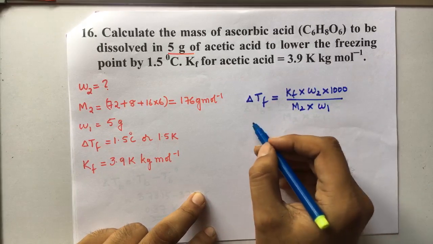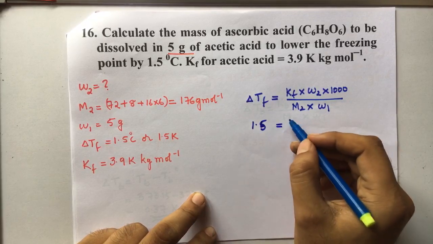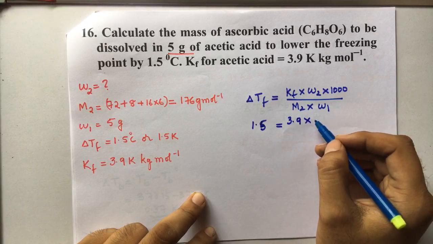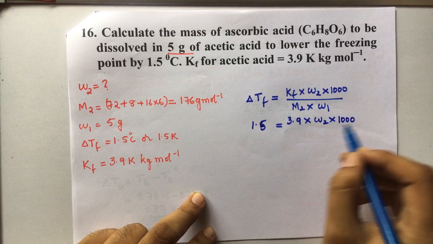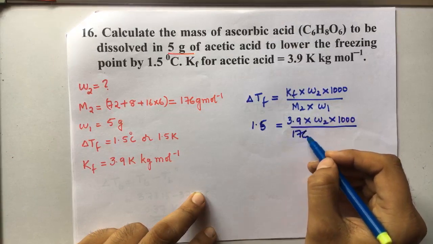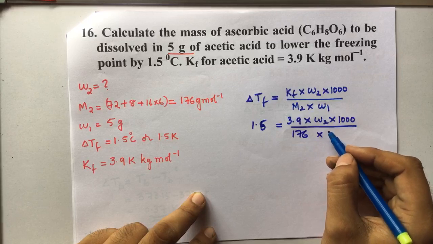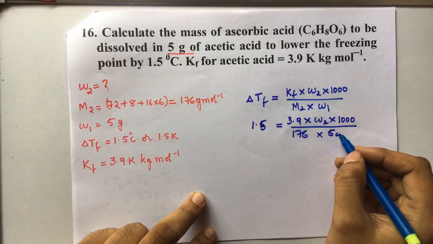Delta TF value is known, this is 1.5, this is equal to Kf, that is 3.9, multiplied by W2 value, which has to be calculated, multiplied by 1000 divided by M2 value, which is known as 176. We have calculated it, multiplied by W1 value, which is given as 5 grams.